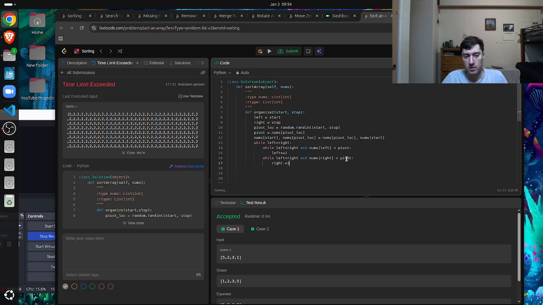And so they're going to either reach the case where we got outside the bounds of the array, but what I'm thinking right now is, is this going to be equal to, because right is stop and this is inclusive.